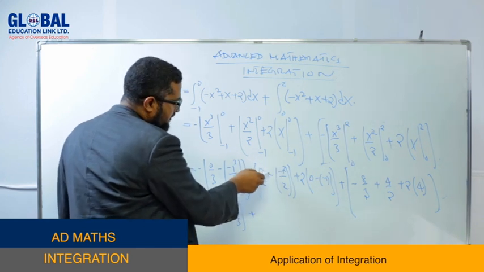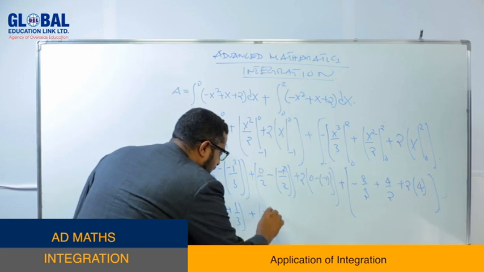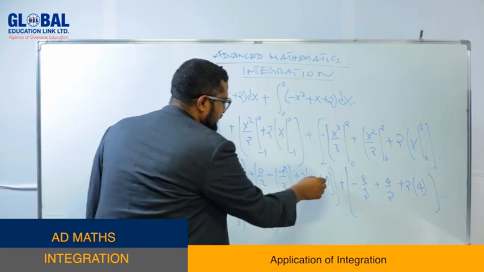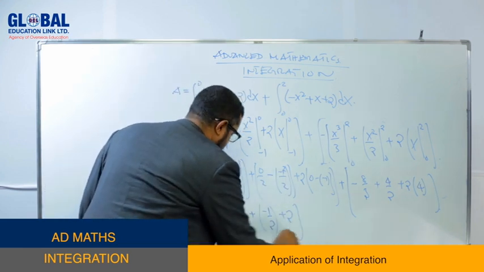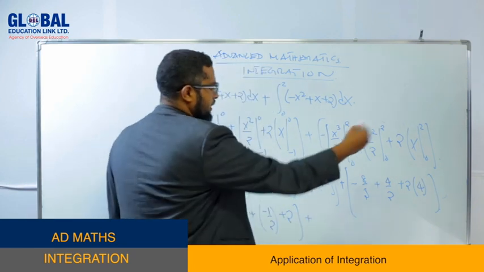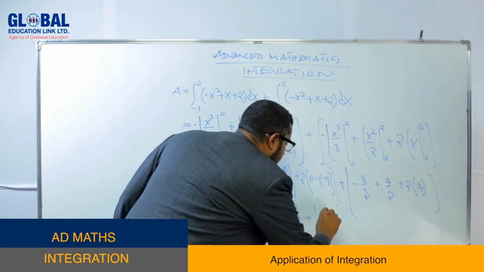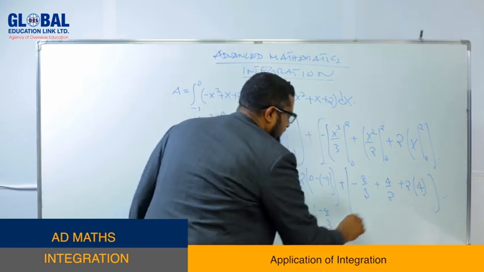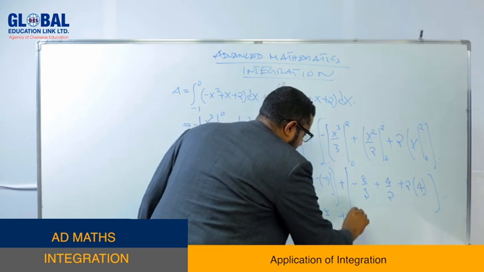Then times negative, we'll have negative 1 over 2. But negative becomes positive, so it is 2 times 1, we plus 2. That will be in that bracket. Now in that side, we'll have negative 8 over 3. That is 2 plus 8 will be plus 10.